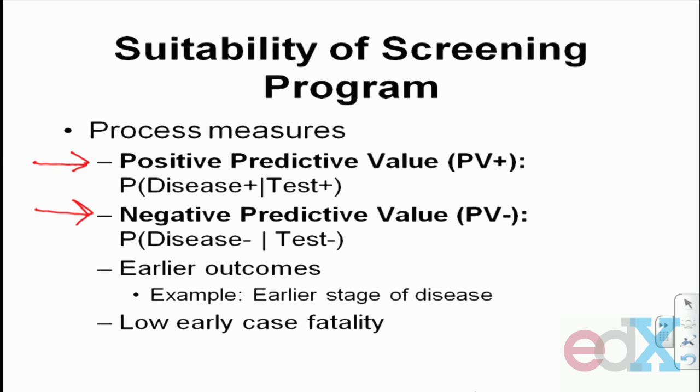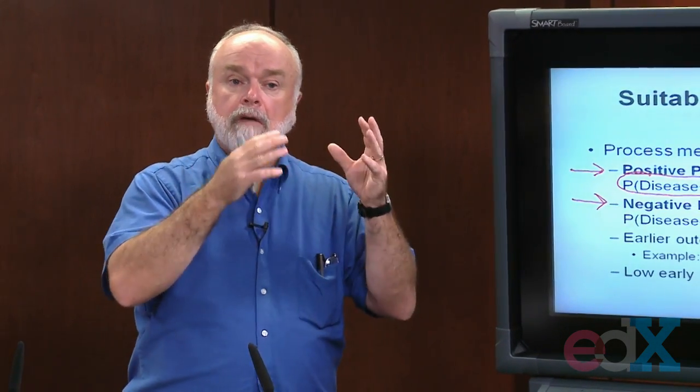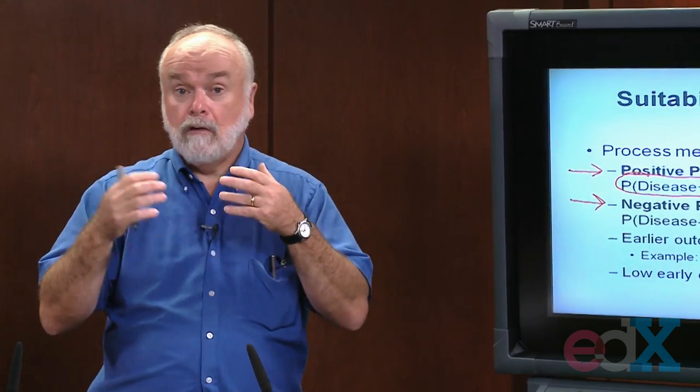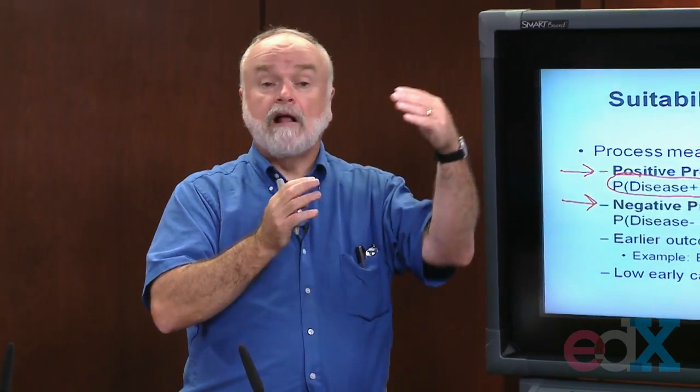The positive predictive value is the proportion of people who ultimately get diagnosed with the disease among those who tested positive. So imagine a screening program giving mammograms to women who don't have any signs or symptoms of breast cancer. A certain number of them are going to test positive on the screening test. You're going to follow these people up and treat them for breast cancer.